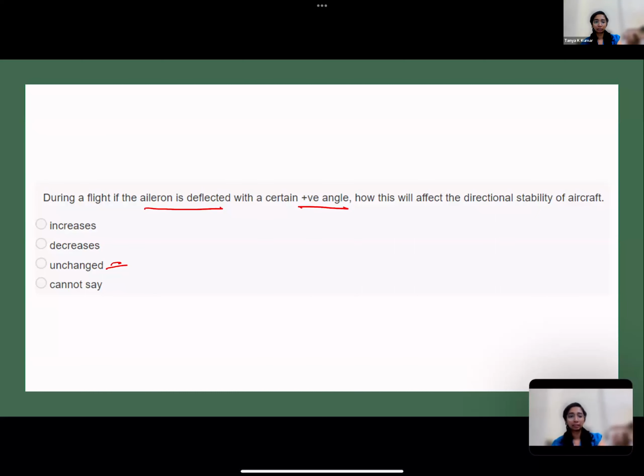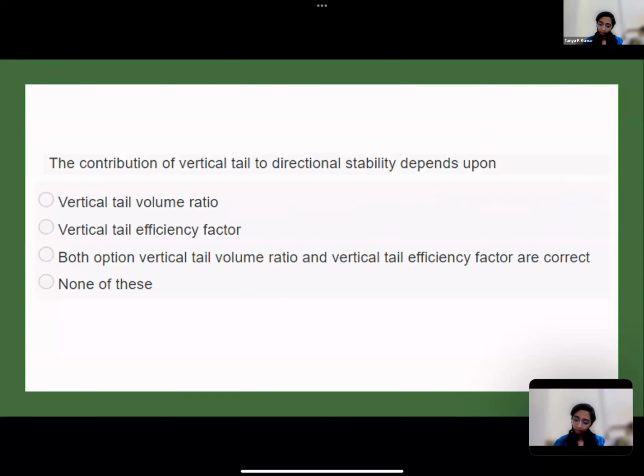If you want to trim at a different angle or velocity, it only changes that. The stability is only governed by inherent properties, and in this case, it is directional stability, so it's C_n_beta. Control surfaces do not affect stability in any way, similar to the longitudinal case. So it will remain unchanged. You are absolutely right.